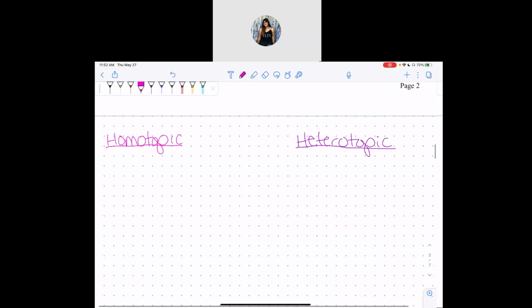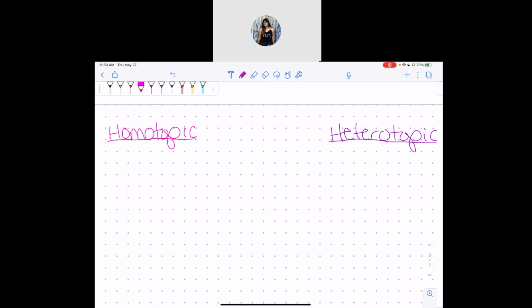If I say that these signals are homotopic to one another, I'm comparing them. But I can't just look at a hydrogen by itself and say that's definitely homotopic. It doesn't work like that. Same thing when we say something is more or less de-shielded, you're comparing it to something else. You can't just say something is de-shielded. So it's important that you have an idea of how these words can be used.